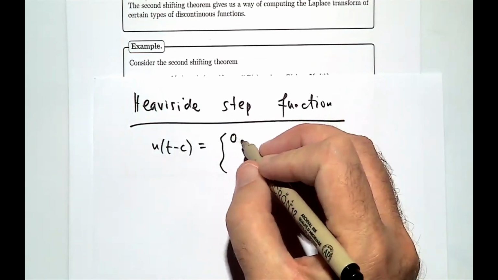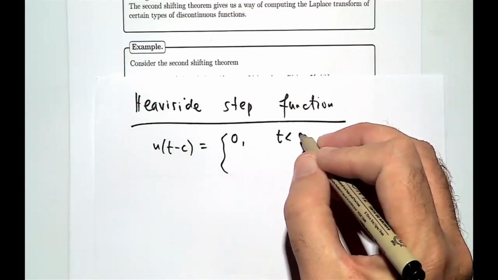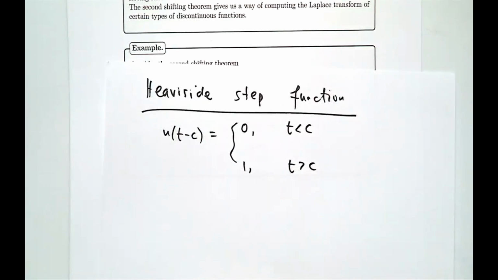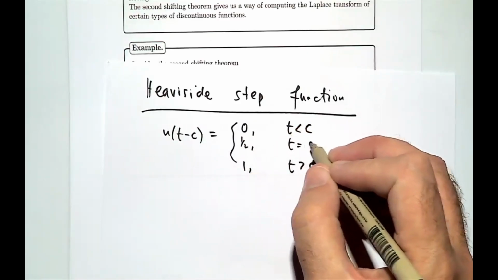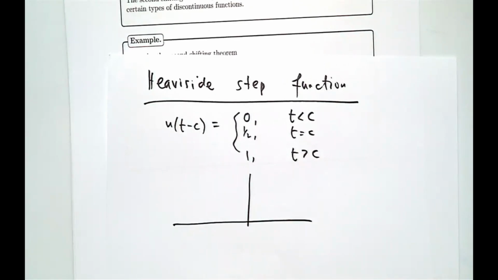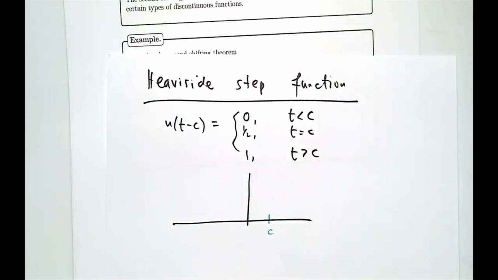Okay, it's 0, so C is some positive value. It's 0 to the left of C, it's 1 to the right of C, and it's halfway at t equals C. So if I draw a little picture, and let's say C's here, right?